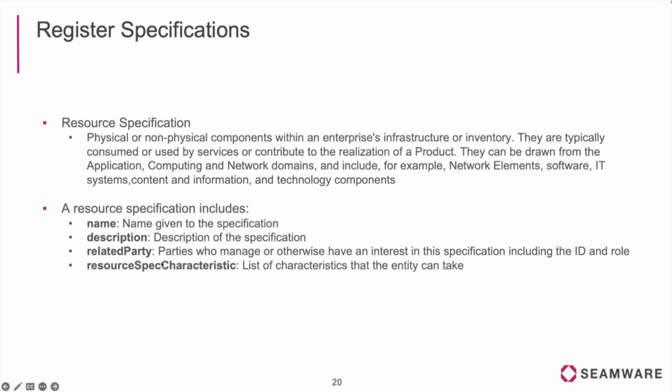For example, if you are defining a virtual machine resource specification, in the characteristics, you are going to include the type of virtual machine, the possibilities for the RAM, the possibilities for the disk, all this kind of stuff will be characteristics.